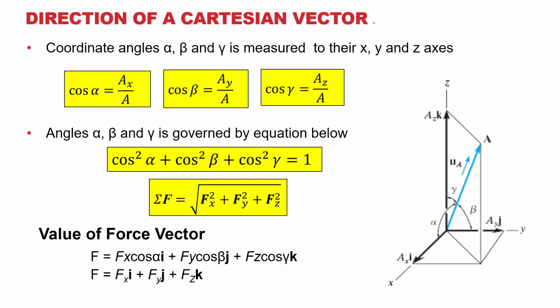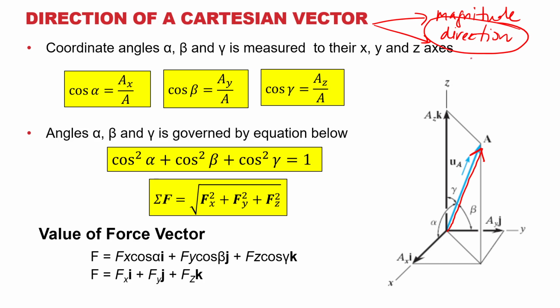So again, we are using vectors, right? A vector has magnitude and direction. Since you already have magnitude, you need to also define the direction. One of the ways to define the direction is using these angles.